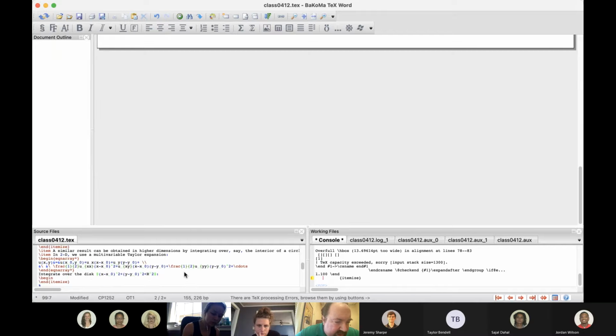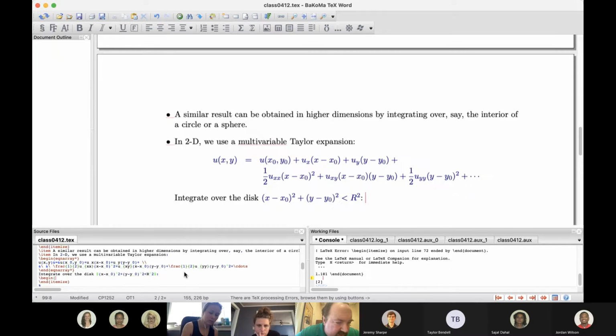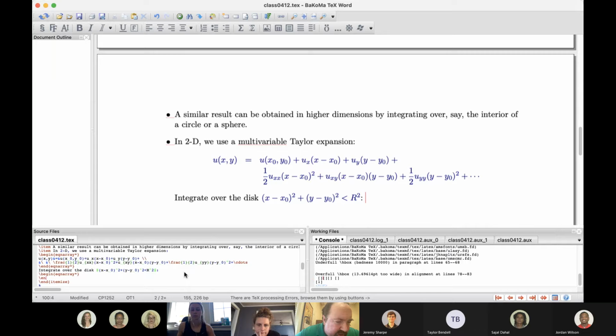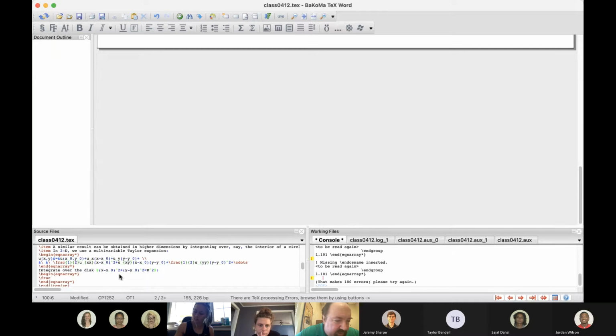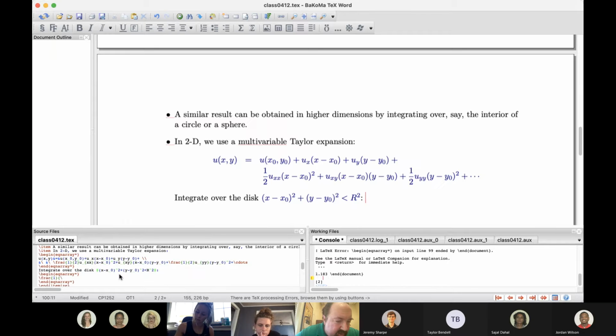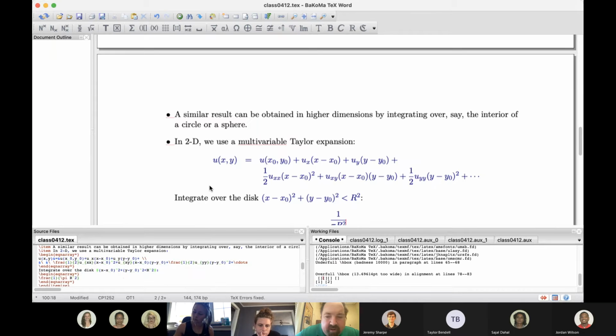So what that means is, I'm not just going to integrate them, I'm also going to divide by the area of that disk. So I divide by pi capital R squared.